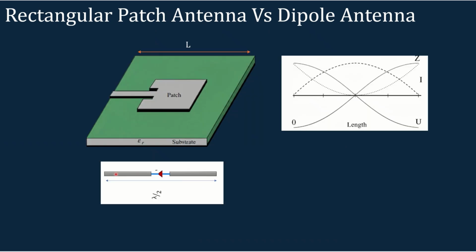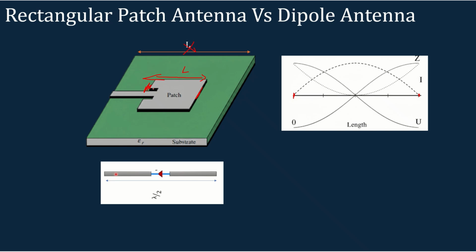Next is just a comparison of the patch antenna with the dipole antenna. As we have seen the dipole antenna basics and the simulation, I thought to make a comparison. We know that this length of the patch antenna is also similar to the dipole antenna, equal to half the wavelength. Similar to the dipole antenna, these edges are acting as open. When you consider the current, you can see that the current will be 0 at both ends.